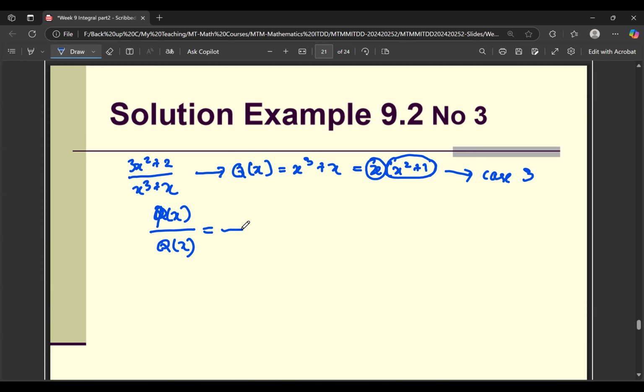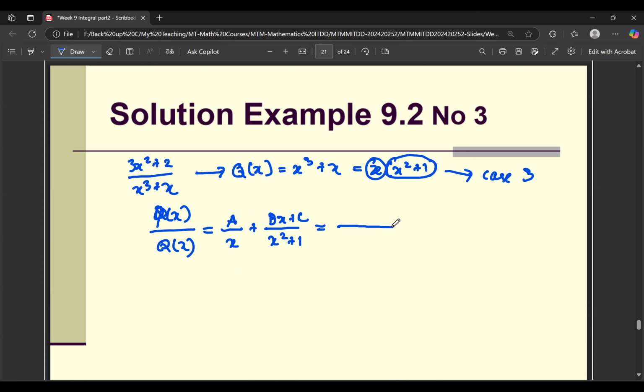So we have linears, and also we have quadratic. If we have linear factors in the denominator, the numerator must be a constant. For the quadratic factors, it must be linear. So this is Bx plus C. Now we still need to find the values of A, B, and C.